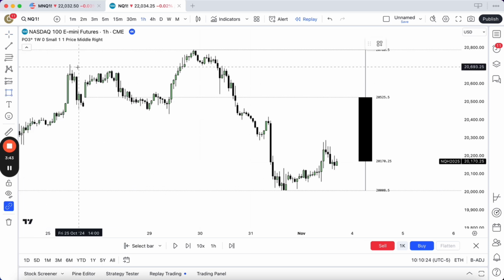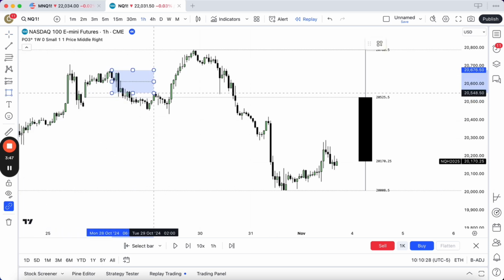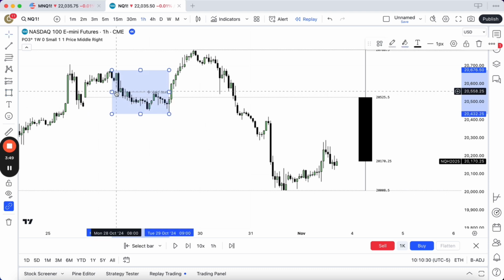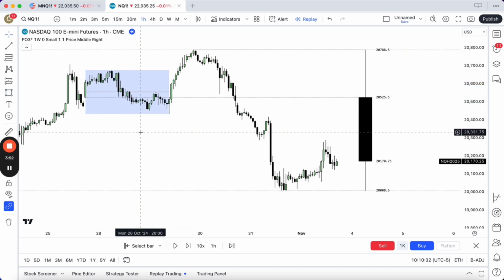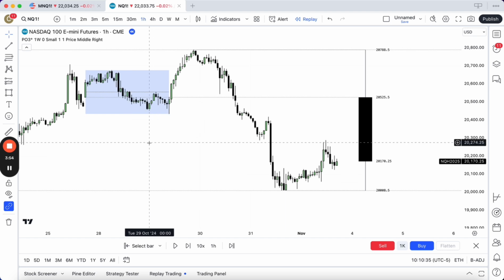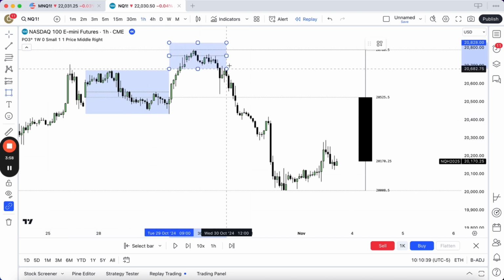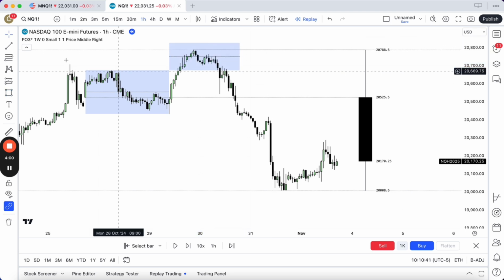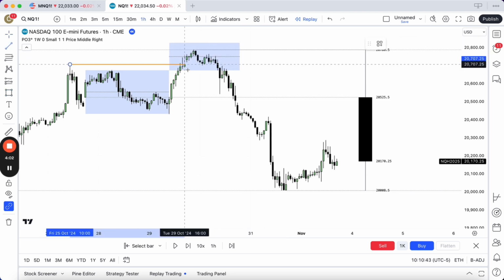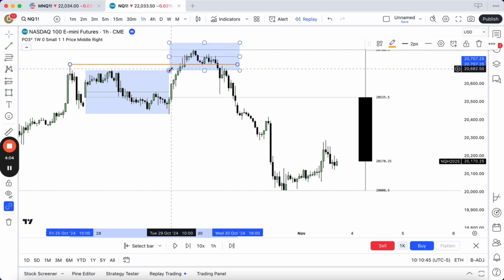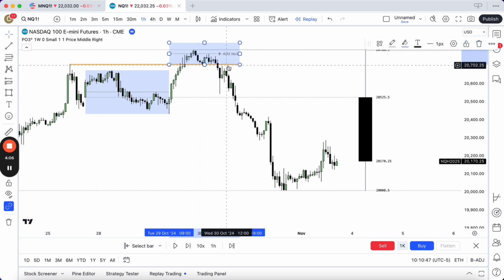So, what is this right here? As we open, this is accumulation, right? Let me make that, I guess blue is fine. This is manipulation. Why is this manipulation? Traded above these highs. Okay, so everything above these highs, manipulation.